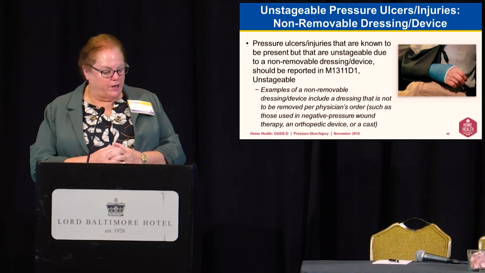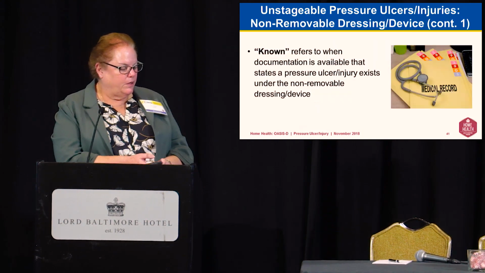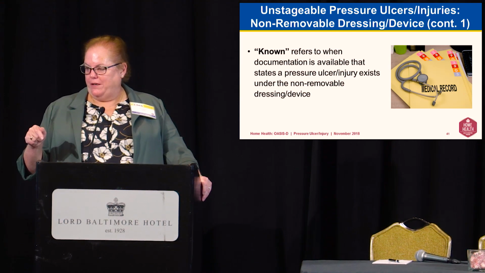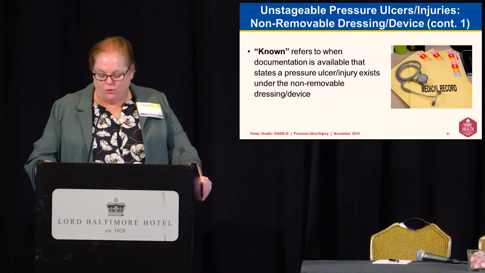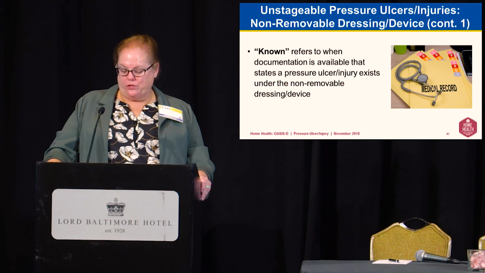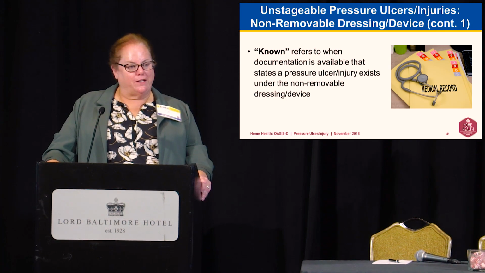So in this particular area, we need to know that there's something under there, though, right? Known refers to when documentation is available that states a pressure ulcer or injury exists under the non-removable dressing or device.